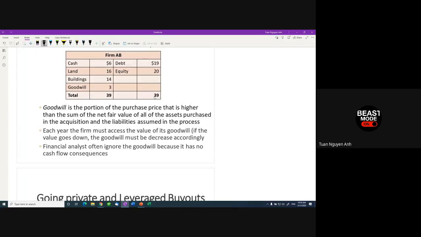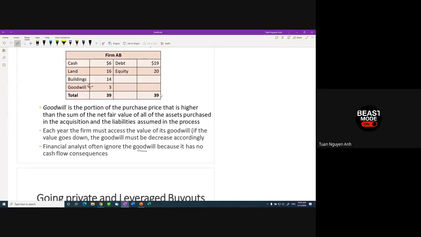Nhưng in terms of financial thì goodwill là một intangible assets, and conventionally financial analysts often ignore the goodwill in the balance sheet because it has no cash flow consequences. It means that if you invest in goodwill, there is no more cash flow generated. When you invest in building, there is some cash flow.